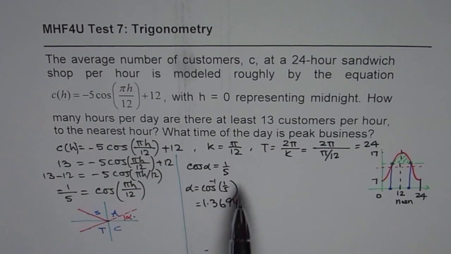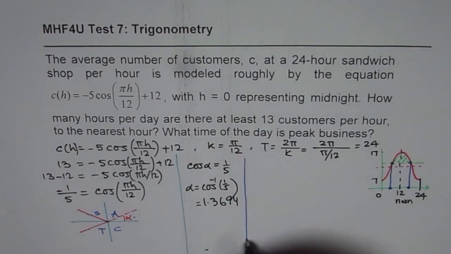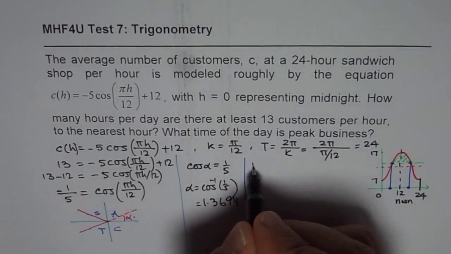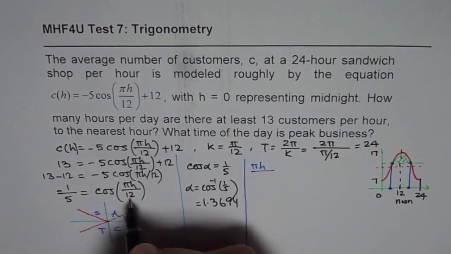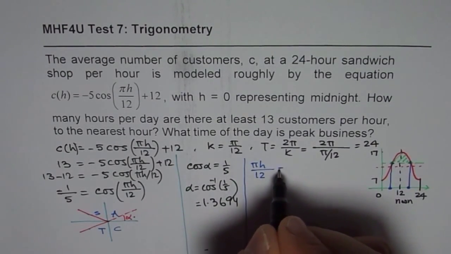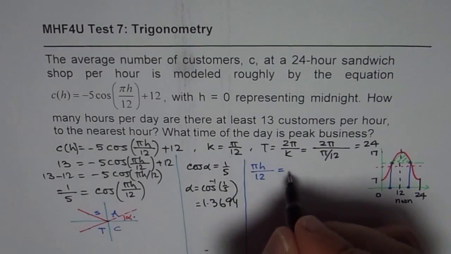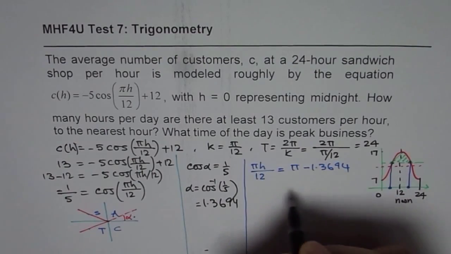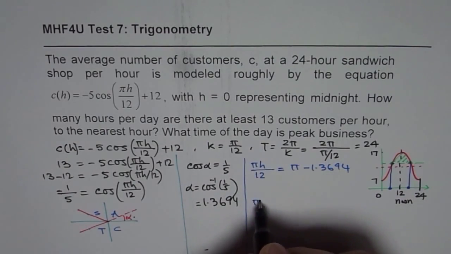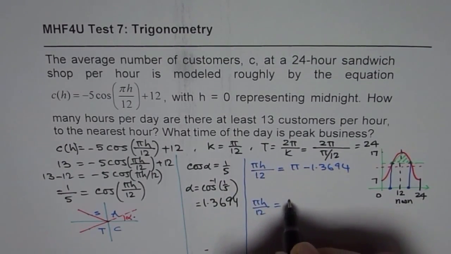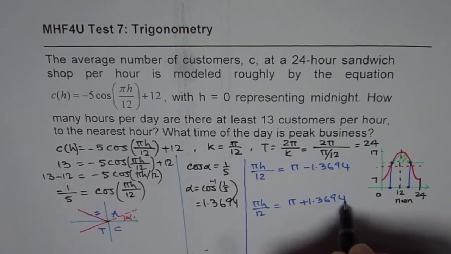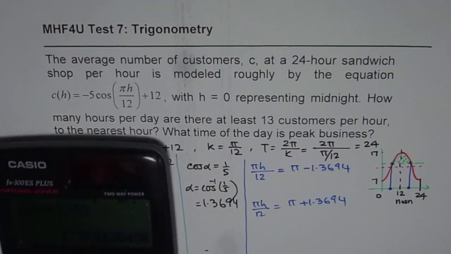Now, to find the angles, pi H over 12 is equal to pi minus 1.3694, and also pi H over 12 equals pi plus 1.3694. So let's add and subtract this.